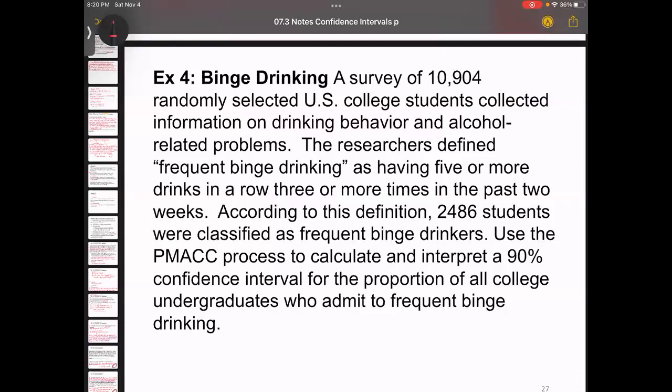According to this definition, 2,486 students were classified as frequent binge drinkers. Use the PMACC or PMAC process to calculate and interpret a 90% confidence interval for the proportion of all college undergraduates who admit to frequent binge drinking.